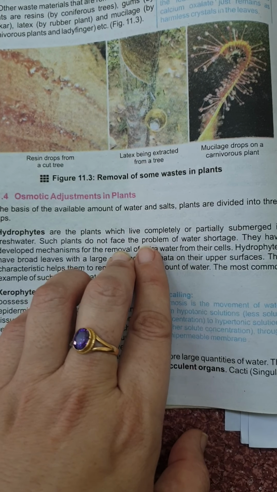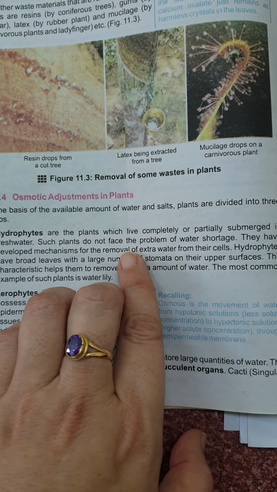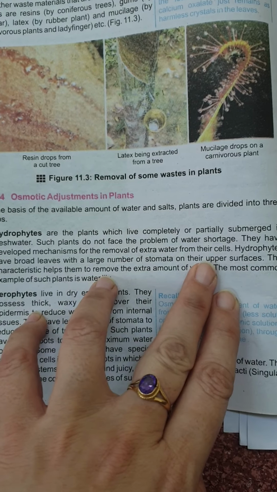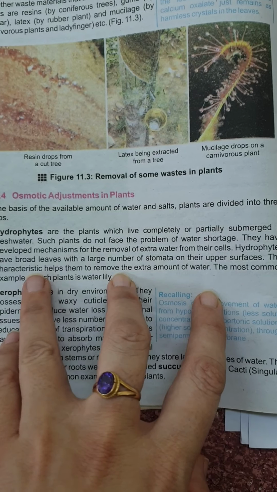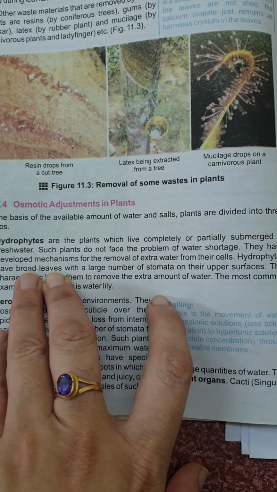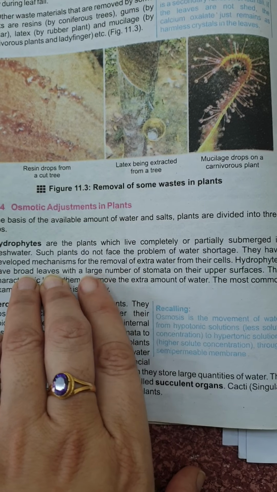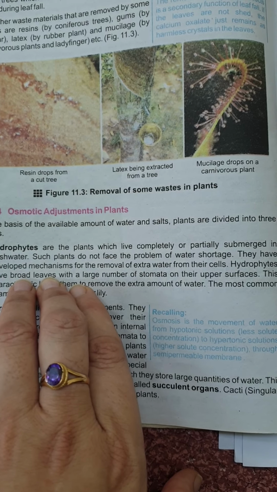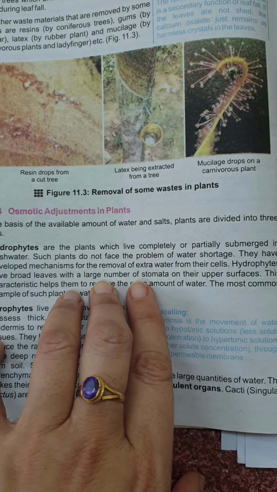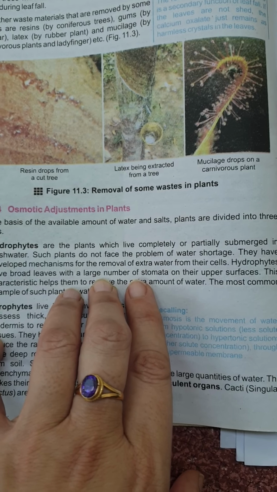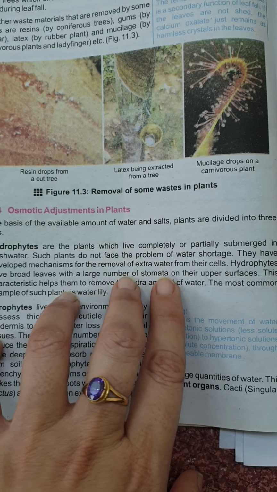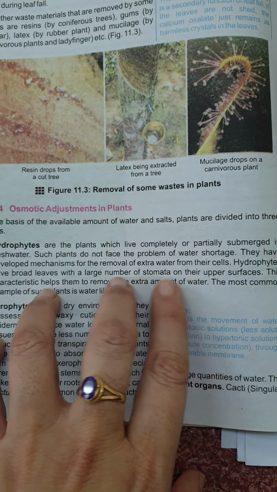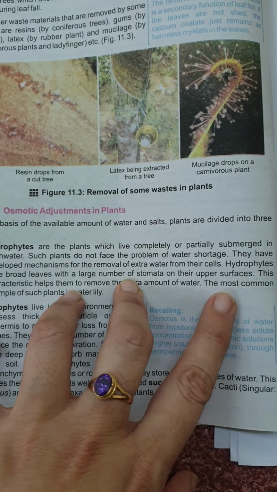The water goes inside their cells, but their cells remove extra water to the outside through different mechanisms. Next, they have broad leaves. Broad leaves mean a large number of stomata. When the surface area of the leaves is large, the stomata must be more in number, so they have more stomata as compared to other plants, and the stomata try to release the extra water.